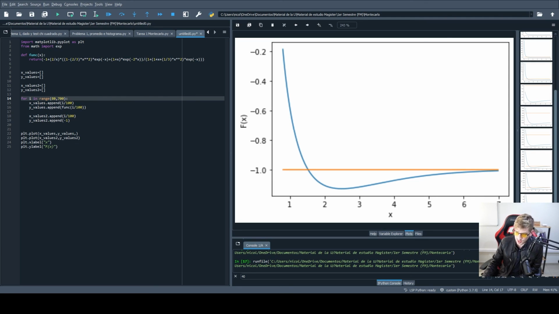And the units here are minus the ground state energy of hydrogen. So this line here at minus 1 is E1, because f of x is in units of minus E1.